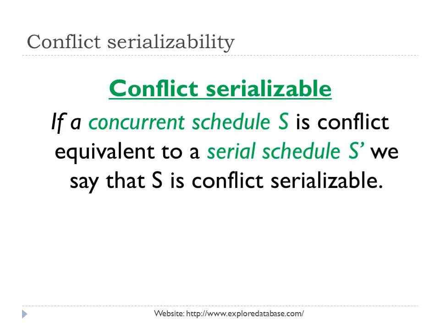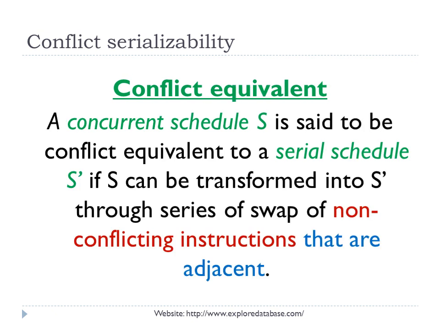Before going to the topic, let us recall the concept of conflict serializability. We say that a concurrent schedule is conflict serializable if it is conflict equivalent to a serial schedule. What is conflict equivalent?